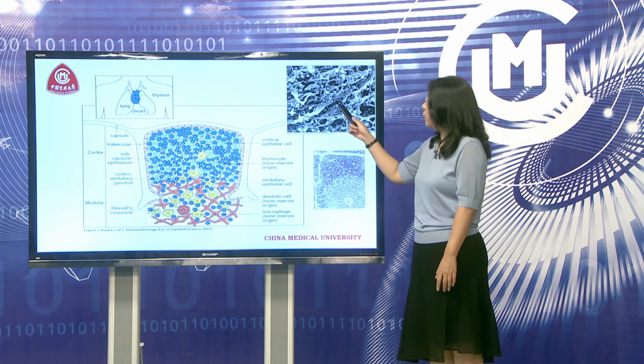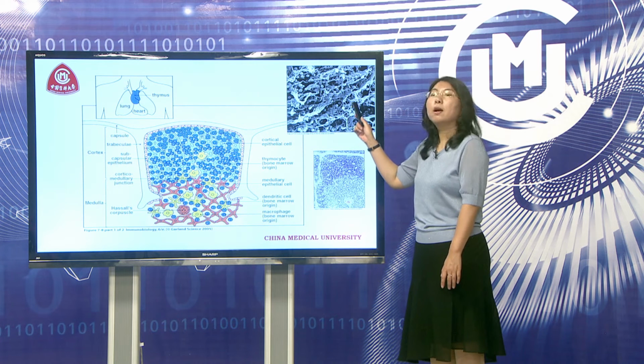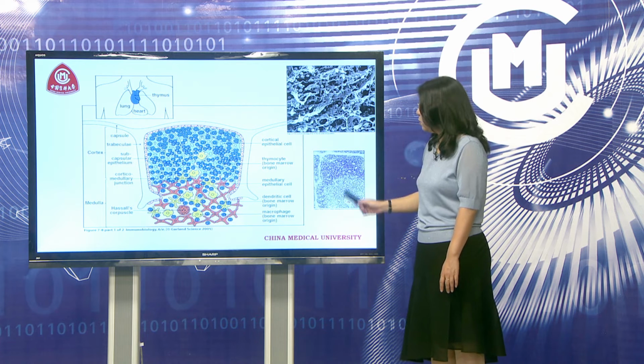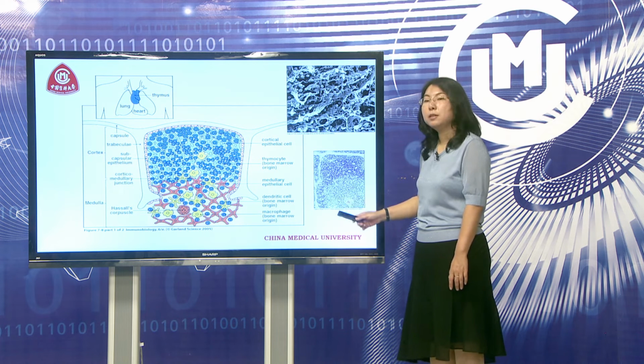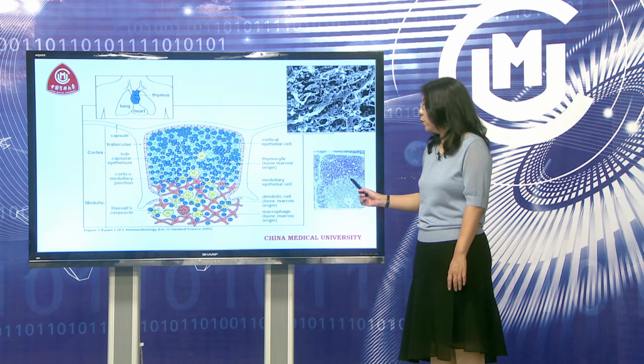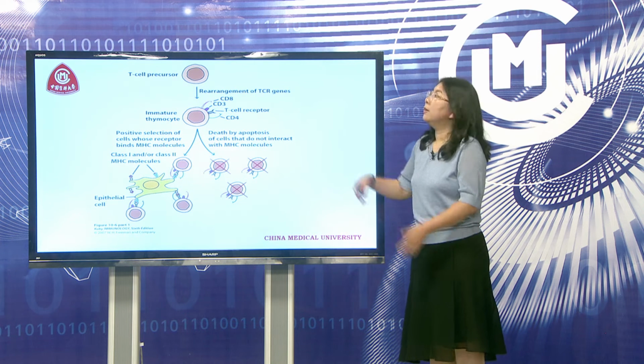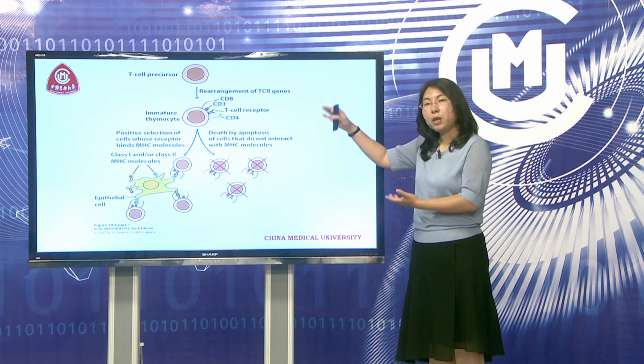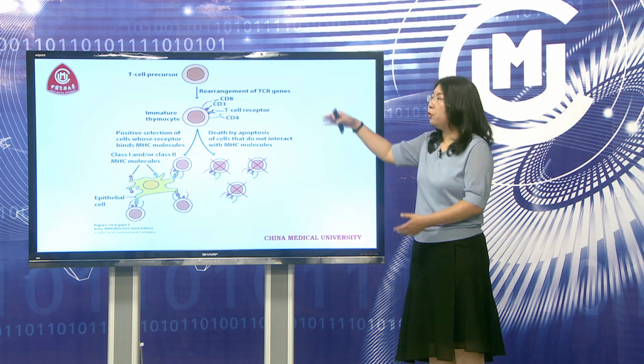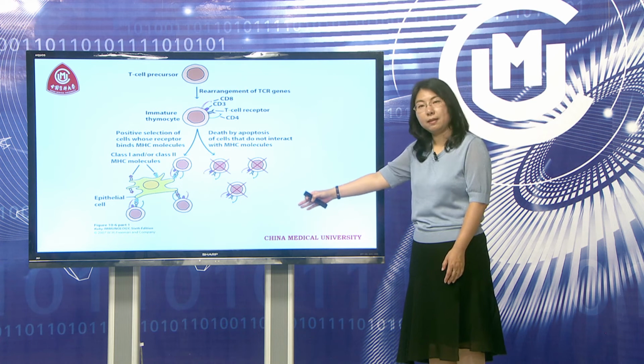This shows you the T-cell in the electron microscope, and this is also the structure of the thymus under the light microscope. So the T-cell from bone marrow comes into the thymus, and they move from the cortex to the medulla in the thymus.